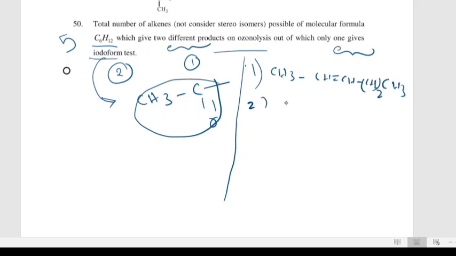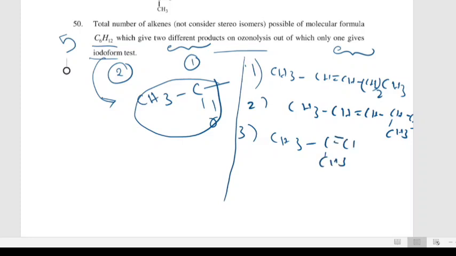The second one CH3, CH double bond CH, next CH, CH3, CH3. Next, third one CH3, C, CH3, double bond CH, CH2, CH3.